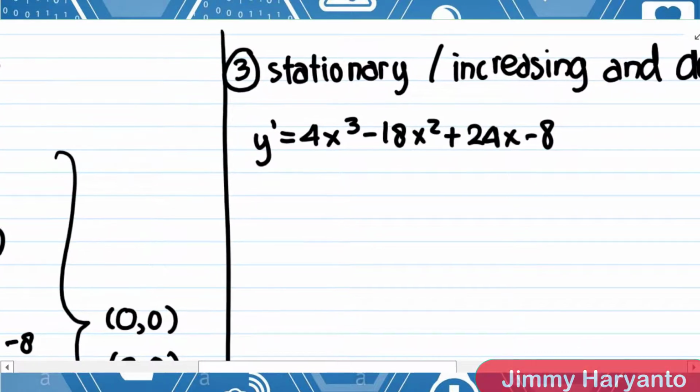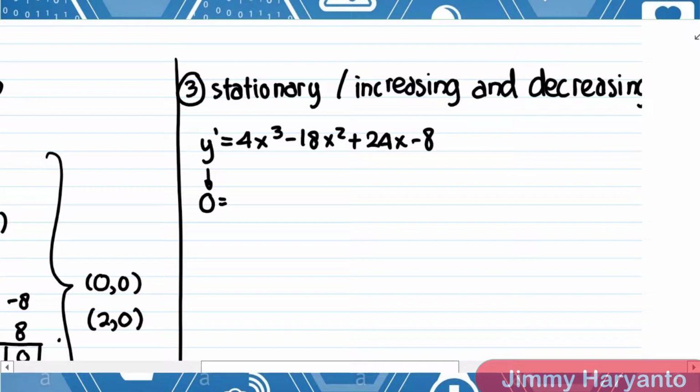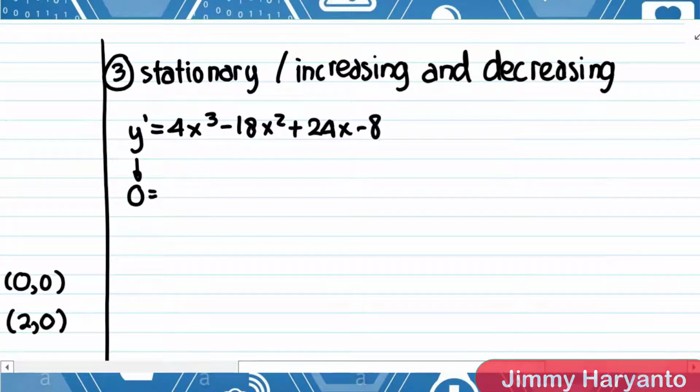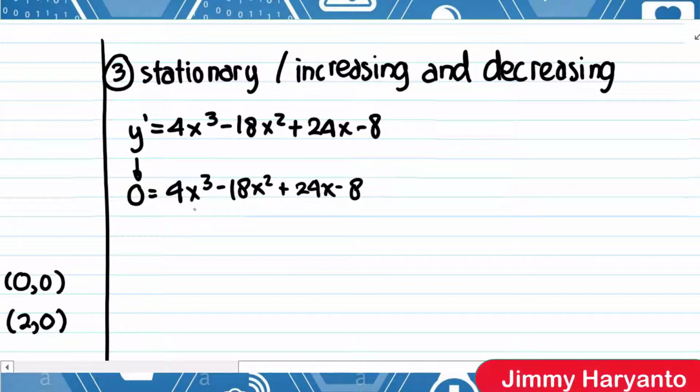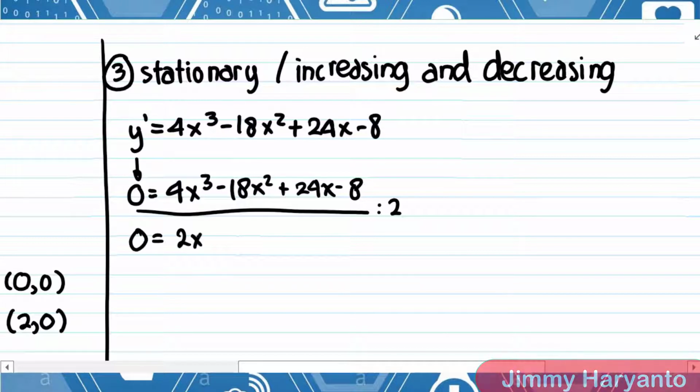We have to factorize this to find the roots. The derivative should equal 0, because stationary points happen when the derivative equals 0. 4x cubed minus 18x squared plus 24x minus 8 can be divided by 2, all of them, so you will have 2x cubed minus 9x squared plus 12x minus 4.